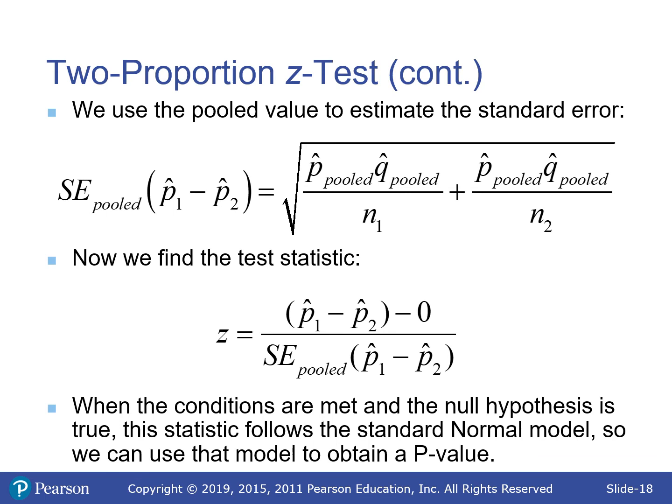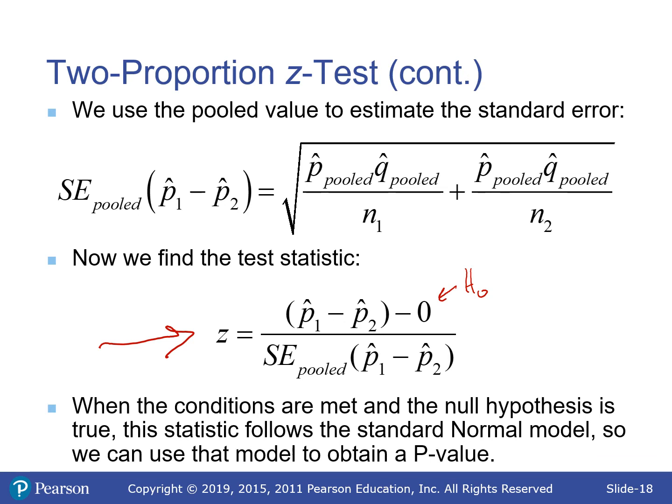We can use the pooled value to estimate that standard error. Find the test statistic. So this is our z-score. It's p hat 1 minus p hat 2 minus 0, because that's the null hypothesis, over the standard error of p1 hat minus p2 hat.